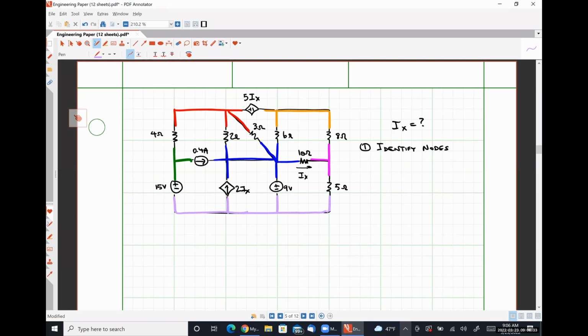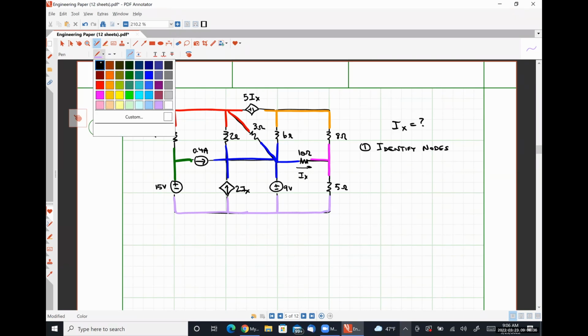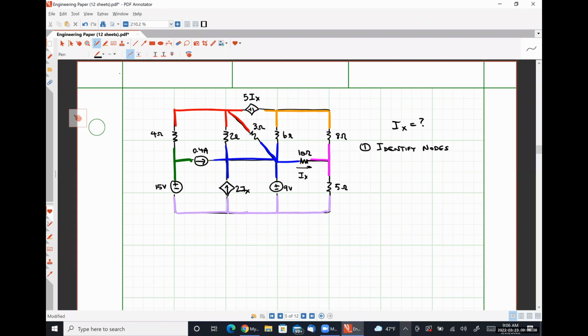Right? Are we all comfortable with identifying our nodes? Okay. Our next step is still going to be choose our ground.